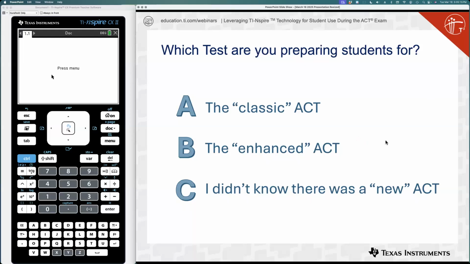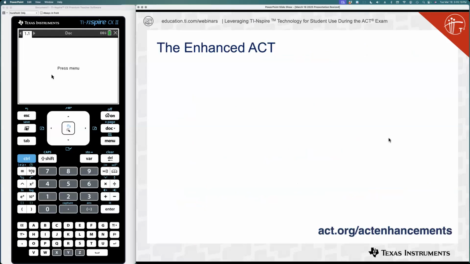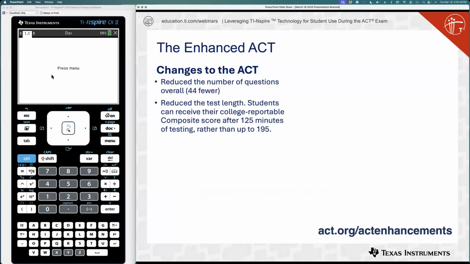All right. So we've thrown out this word here, the enhanced ACT. What do we mean by that? So the ACT is making some changes, and these changes are being rolled out in a nice way. But basically, the overall summary is that they are reducing the total test by 44 questions. So as we look at all the subjects within the ACT, there will be 44 fewer questions.